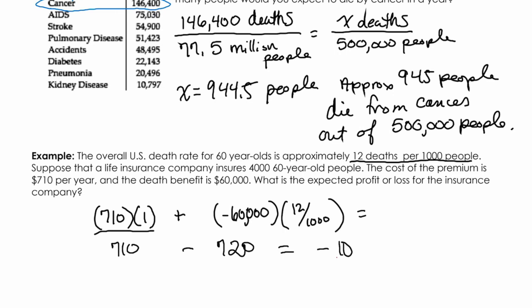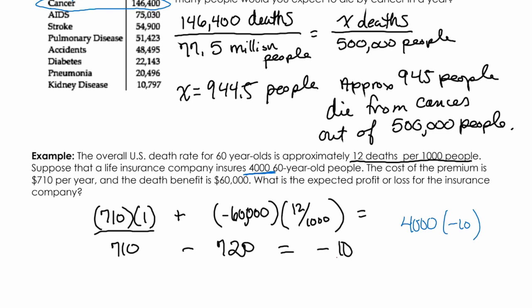Now, they said that they actually sell about 4,000 of these policies. So if we want to see the expected profit or loss, in this case it would be a loss, I would have to take 4,000 for each and times it by the loss of $10 for each policy, because that's 4,000 policies for each of those 60-year-old people.